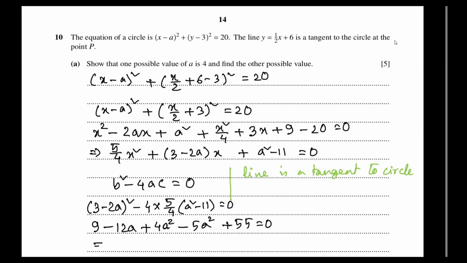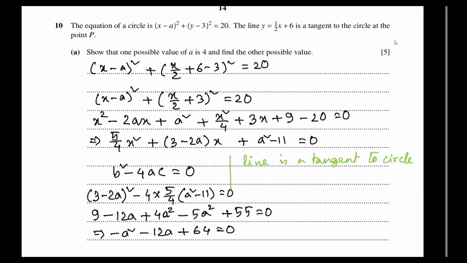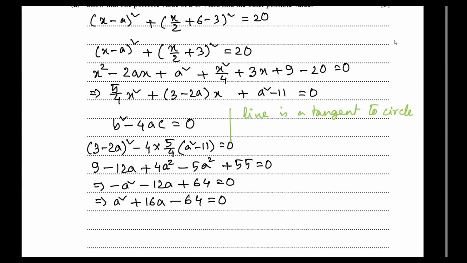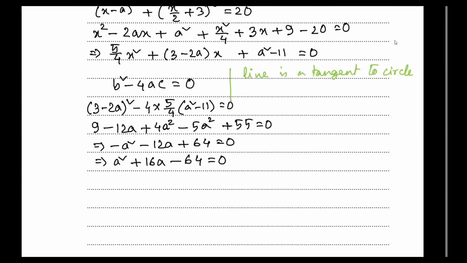So the equation is minus a squared minus 12a plus 64, that is a squared plus 12a minus 64 equal to 0. Now you have to solve this quadratic equation. Remember, we are doing P1, so you have to show the working here.